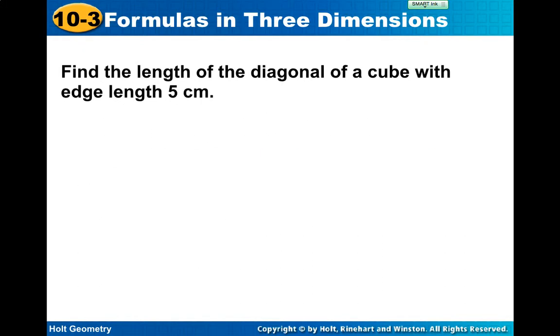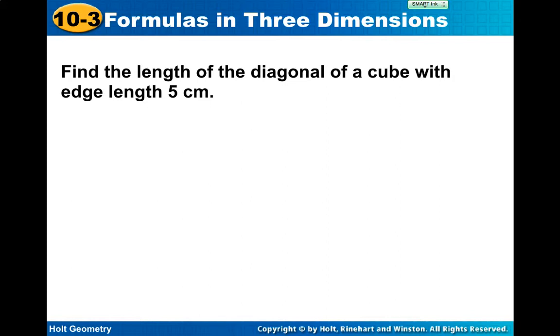What if it were a cube? What would be the longest thing you could put inside a cube? It's the length of the diagonal. Length, width, and height are all the same. 25 plus 25 plus 25.